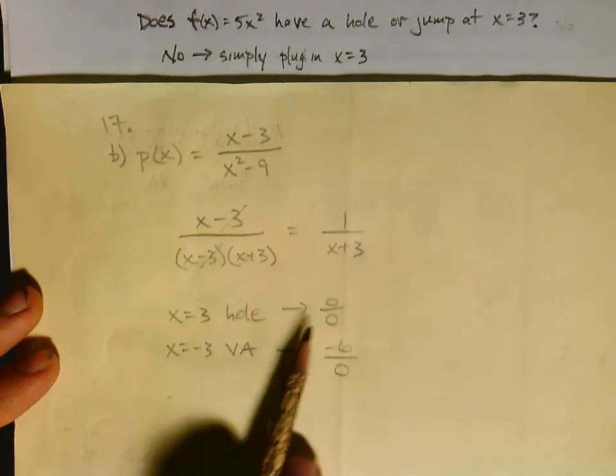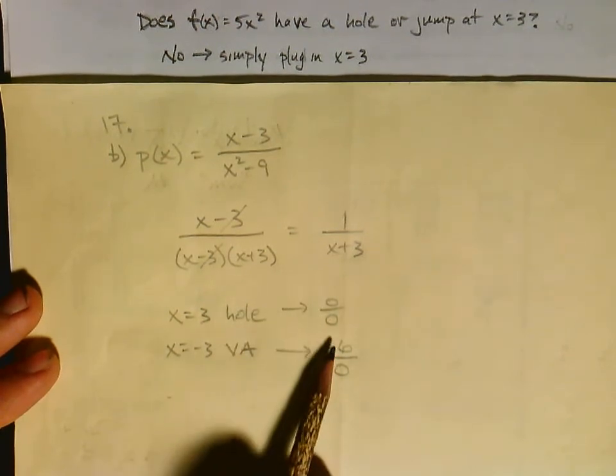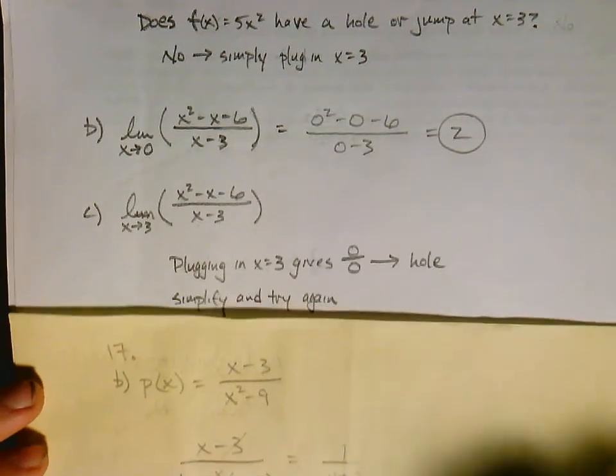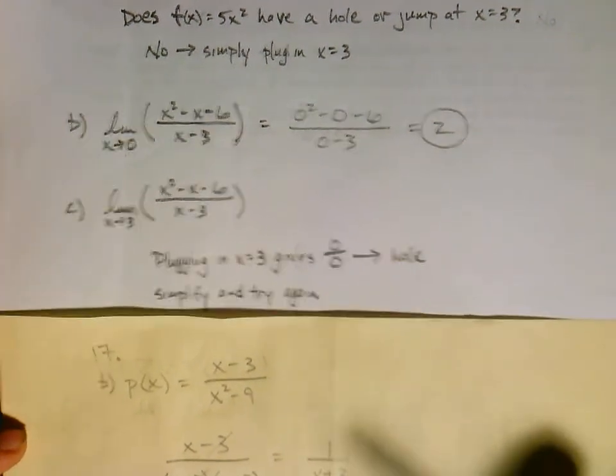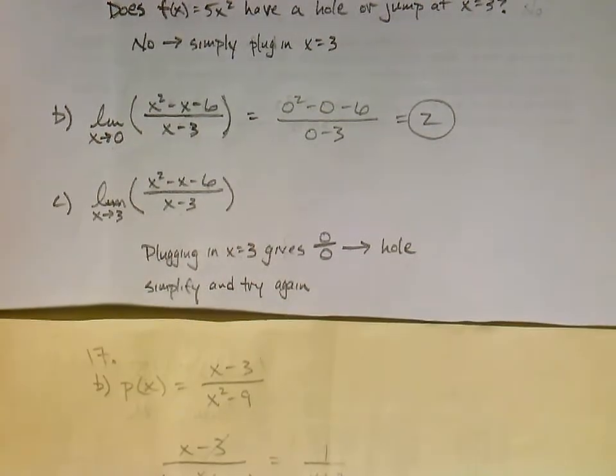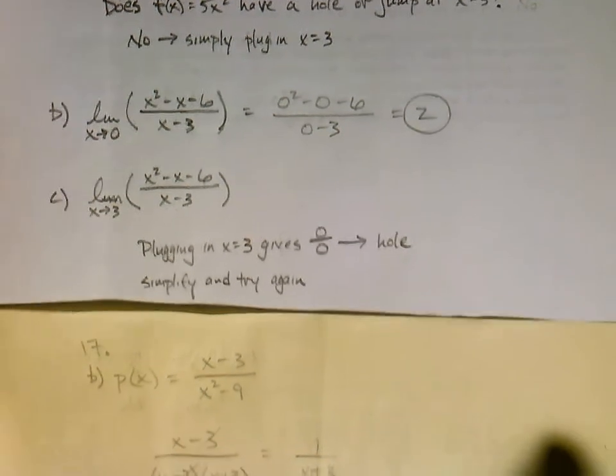So the 0 over 0 is a hole. The number over 0 is a vertical asymptote. So here, when we try to plug in 3, we get the 0 over 0. Boom! Immediately we know that's a hole. There's no jump. There's not a vertical asymptote there.